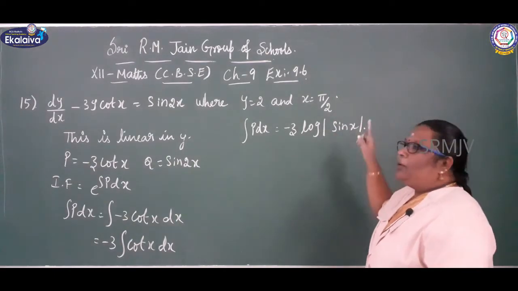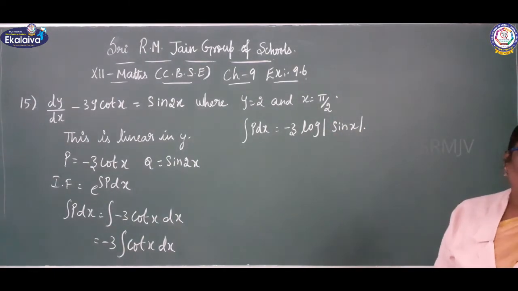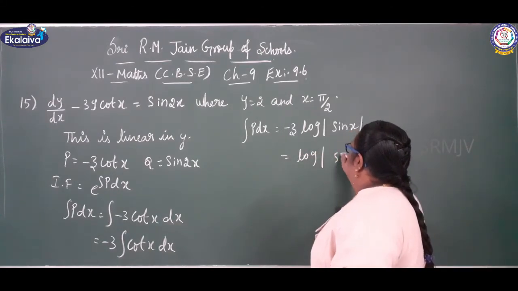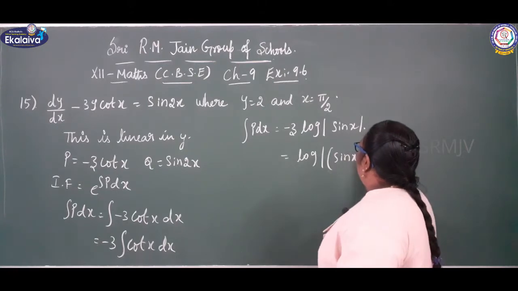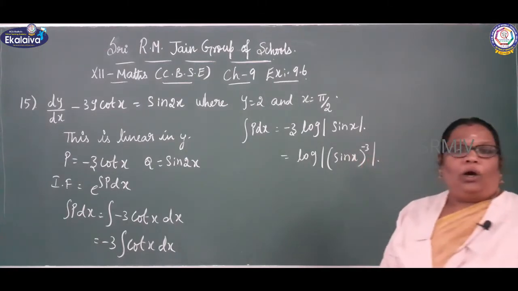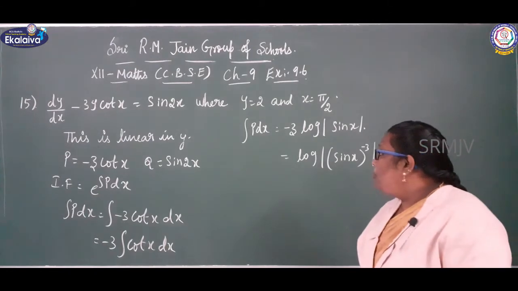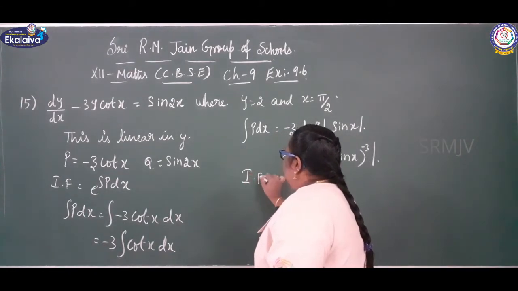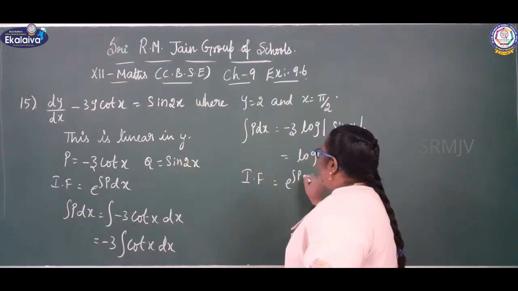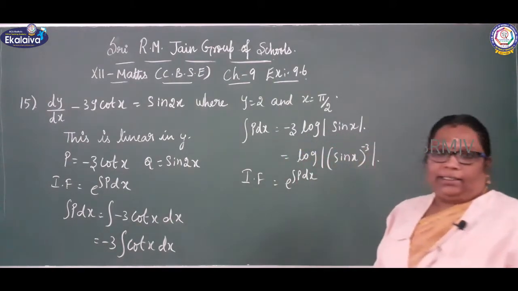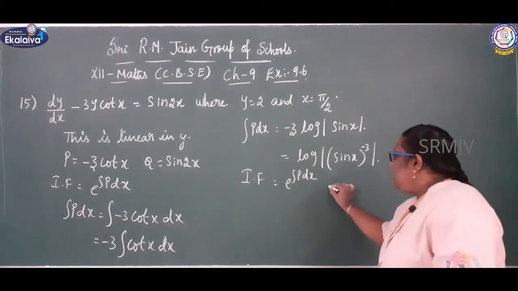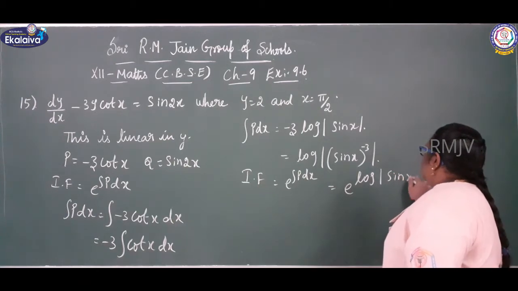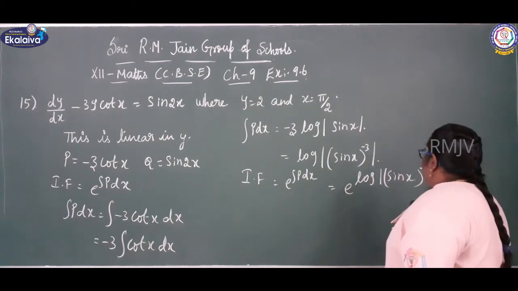According to the power rule, you bring that minus 3 to the power. So log of modulus of sin x whole power minus 3. Next, integrating factor equal to e power integral p dx, equal to e power log of modulus of sin x whole power minus 3.